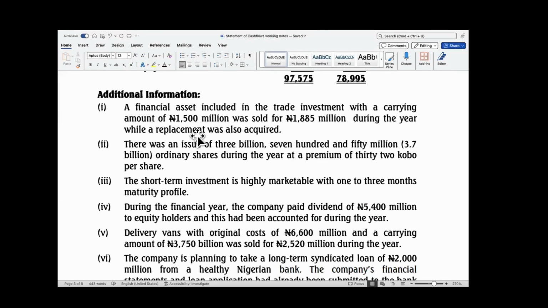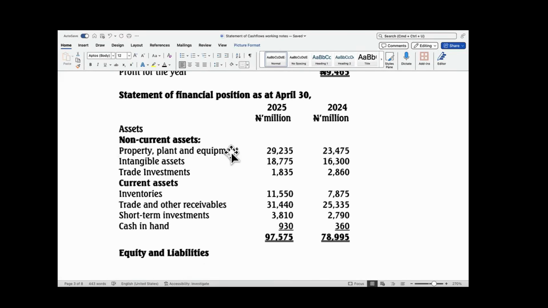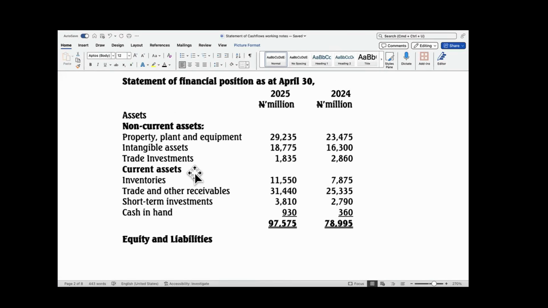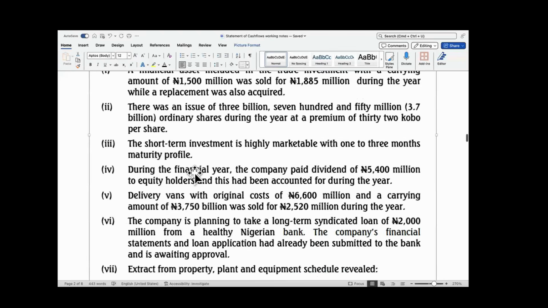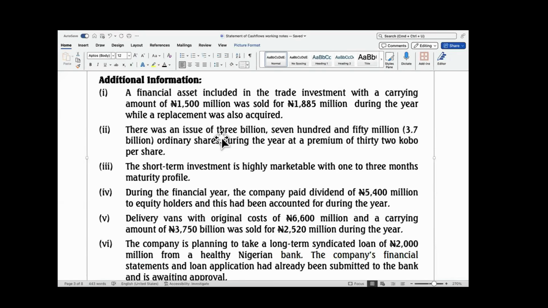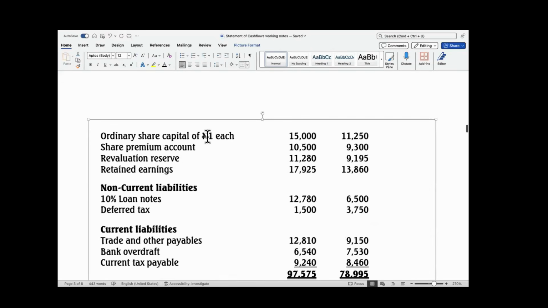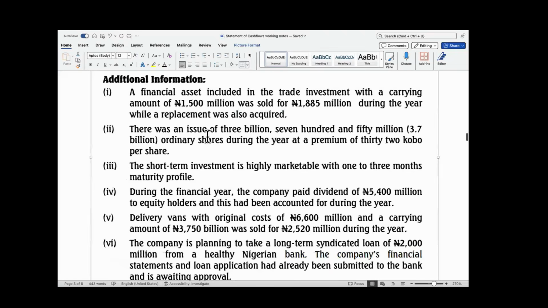Like I've scanned through this additional information now. I would note that there was a trade investment that we sold, and I would see that trade investment under non-current assets. I would make sure I consider it in my movement. Also, there was an issue of shares during the year. I consider it when I'm doing movement in share capital.